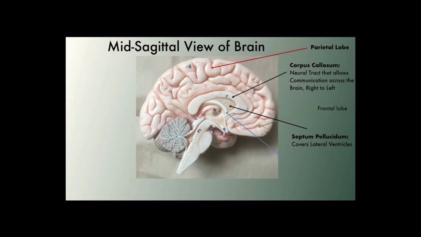What about here? Good. Fornix. Communication tract for the limbic system. What about here? What lobe is this? That's right. Occipital lobe.